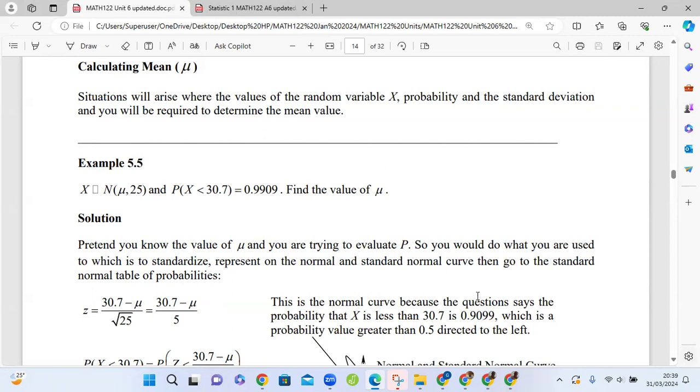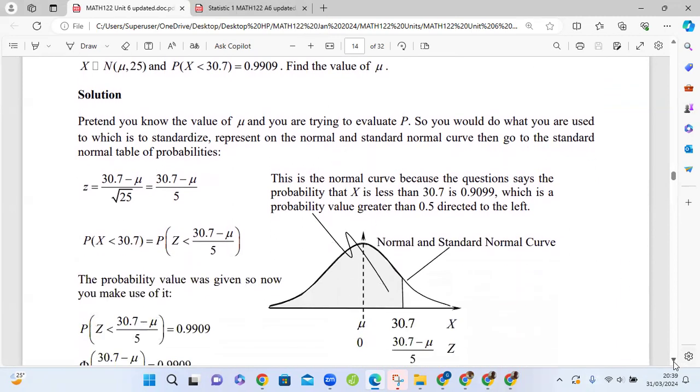Now, the next step would be to sketch the normal curve and the standard normal curve. The normal curve would consist of the appropriate shaded region and the bell-shaped curve. The shaded region now would depend on how the question is phrased. This question says that the probability of x less than 30.7.